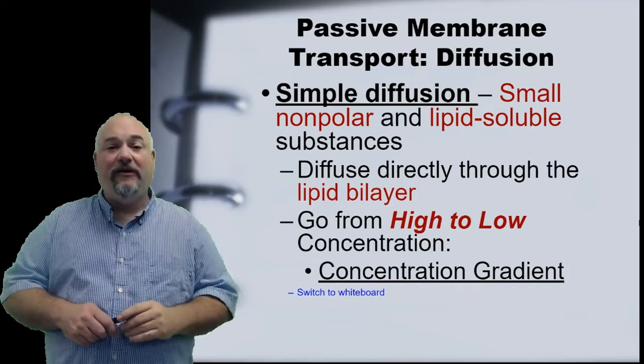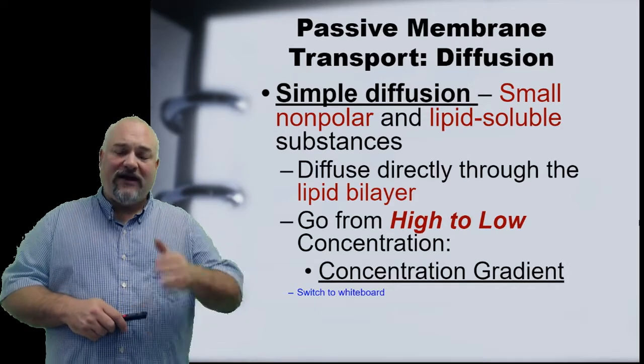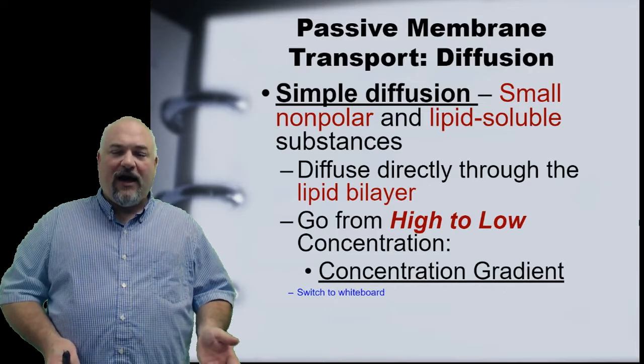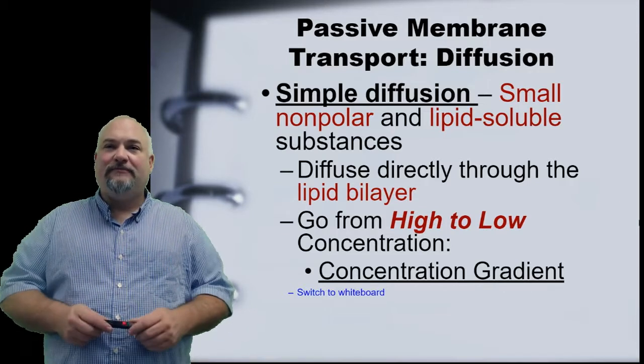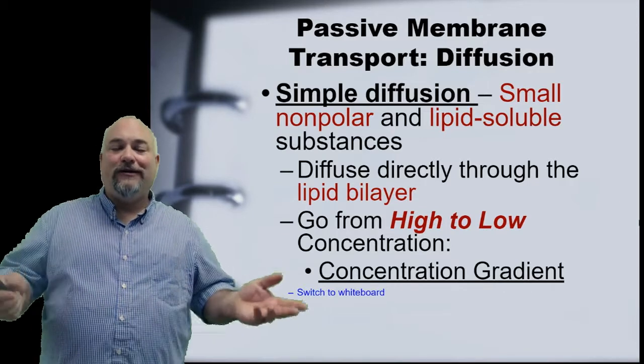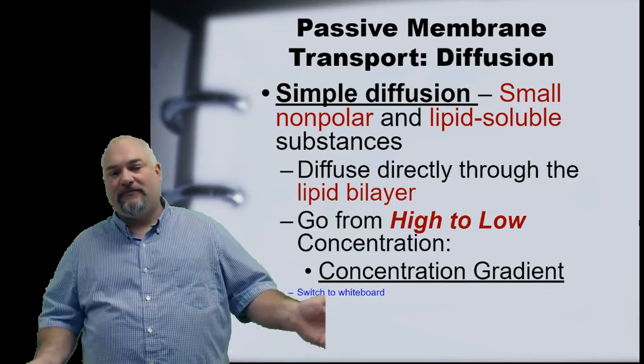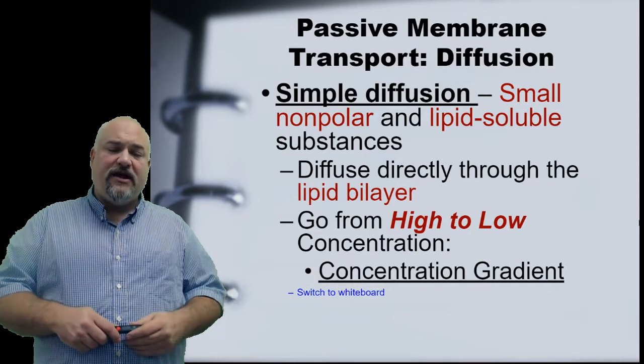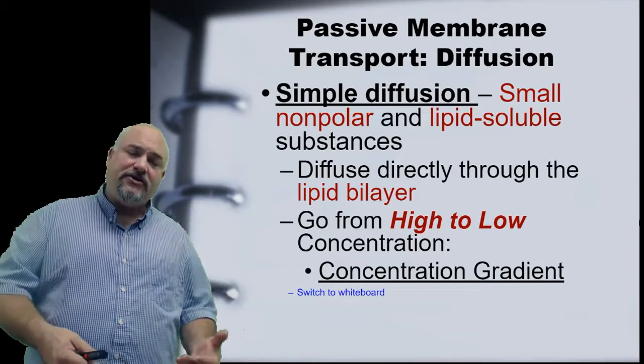They're not going to get repelled by the lipid tails, so they can get on through. They don't need any help. It's very simple. That would be things like alcohol, oxygen, carbon dioxide, things of that nature. And they will go from high to low concentration, following the concentration gradient we've been talking about.